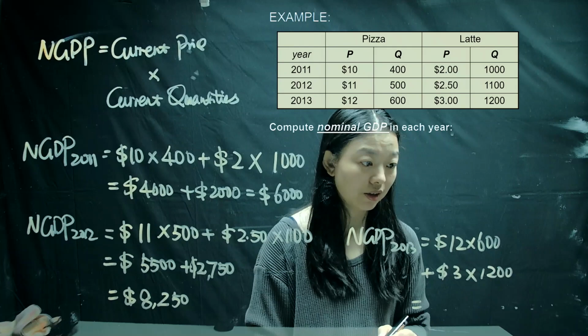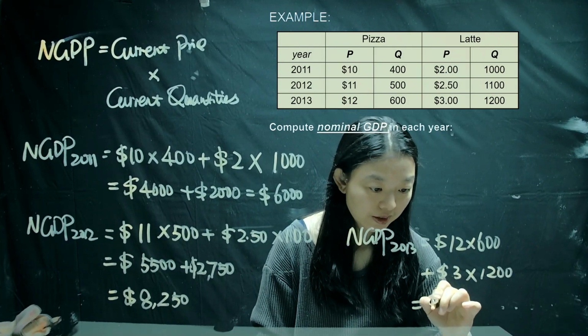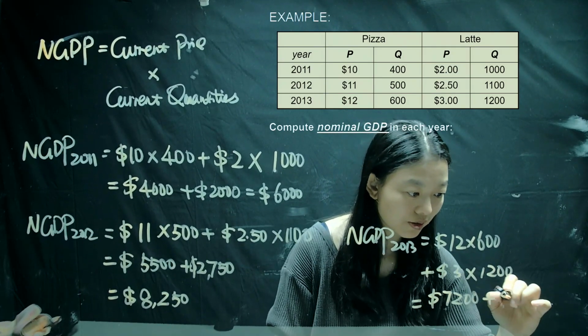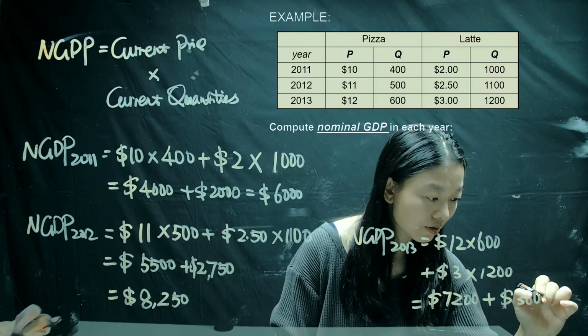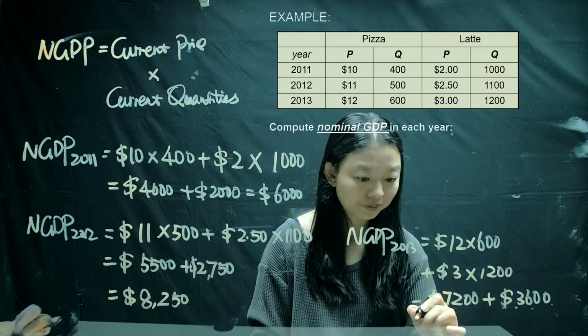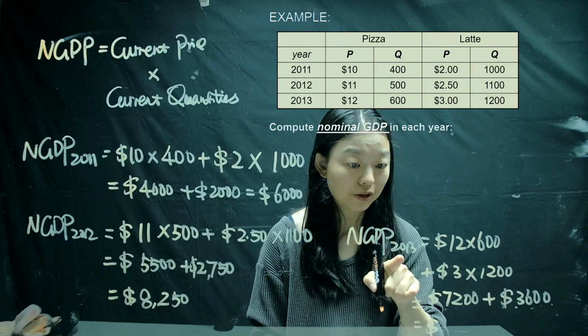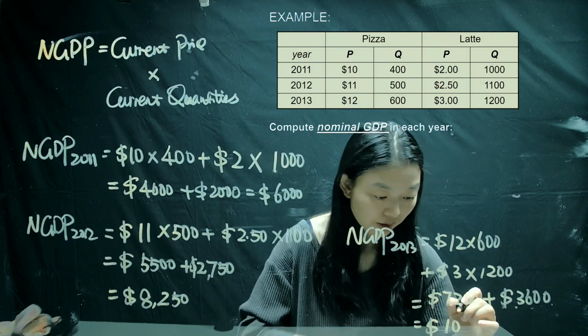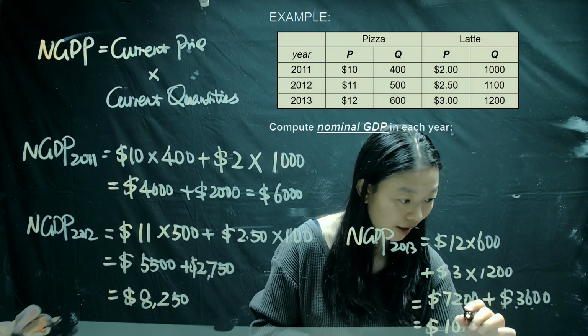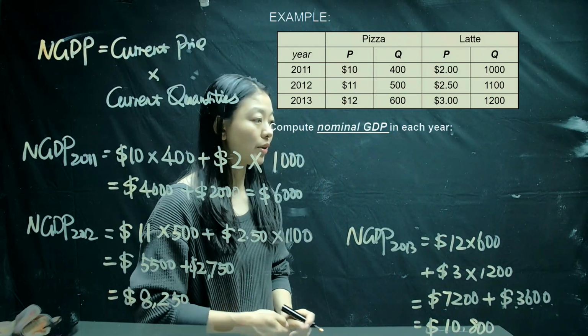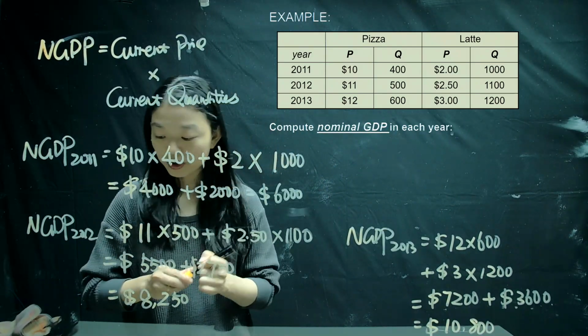In total, we have 7,200 from pizza plus 3,600 from latte. So nominal GDP in 2013 will equal $10,800.